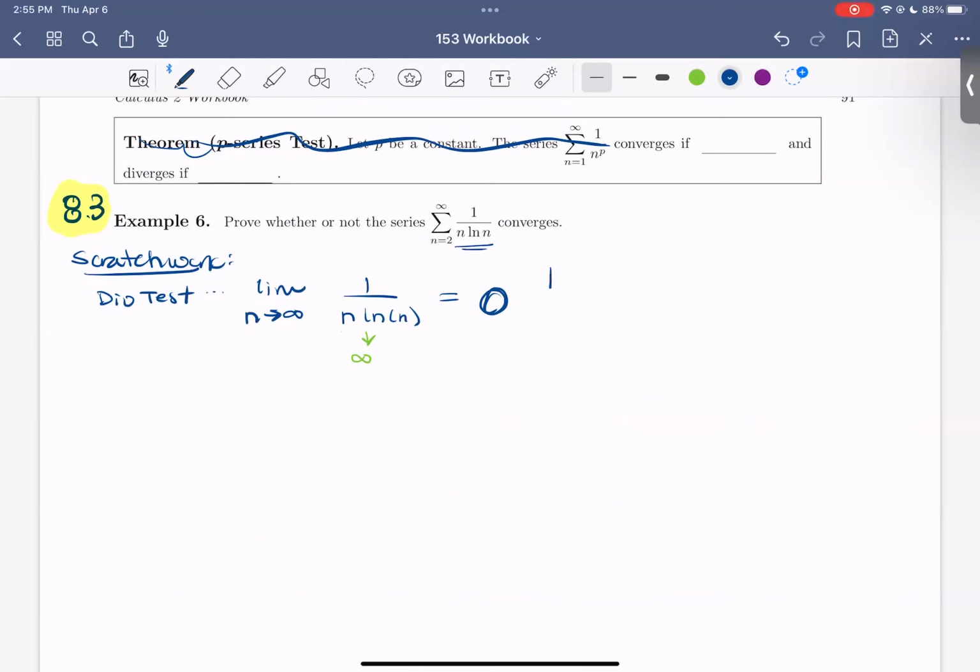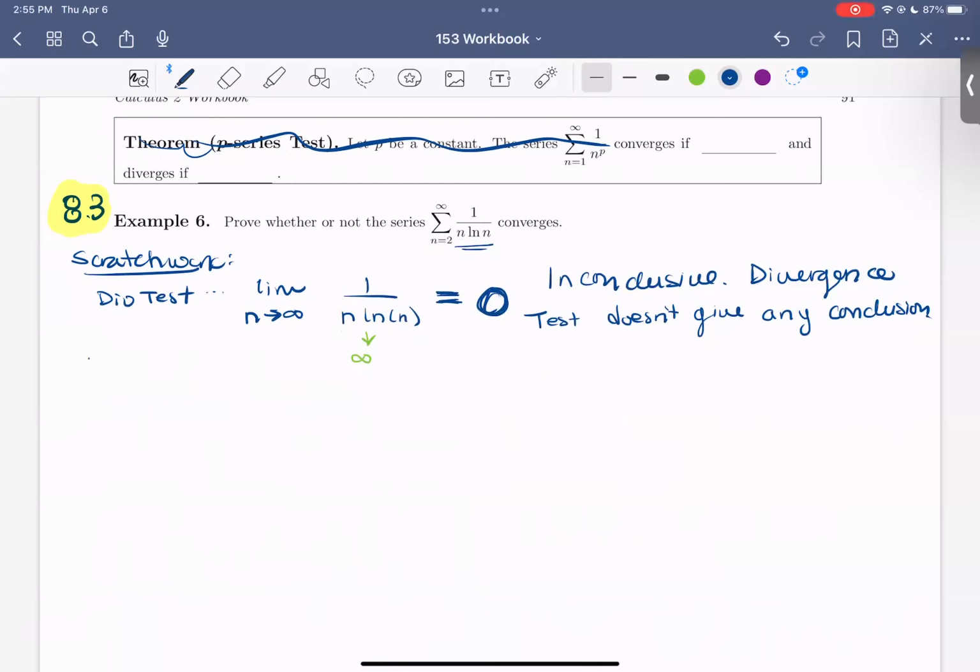So the result, that the limit goes to 0, means the divergence test is inconclusive. It doesn't give us any conclusion. If these terms had not gone to 0, then we'd say for sure that this series diverges. Unfortunately, these terms go to 0, so no conclusion.